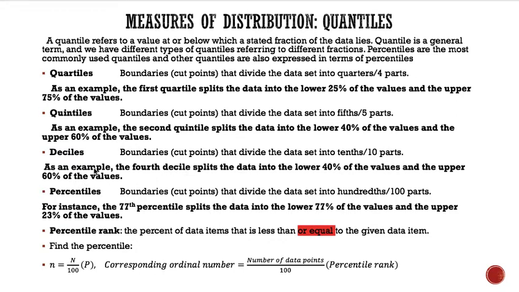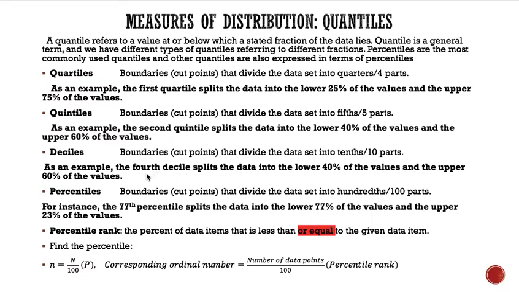Deciles are boundaries that divide the dataset into 10 parts. For example, the fourth decile is 4/10. This is a boundary. Actually, it means the fourth boundary.